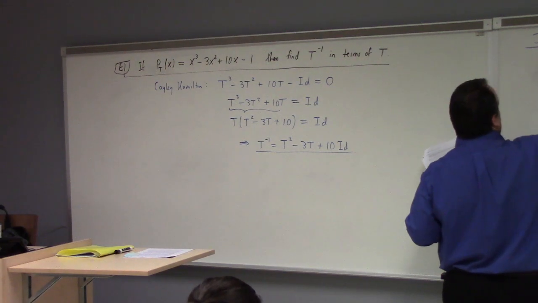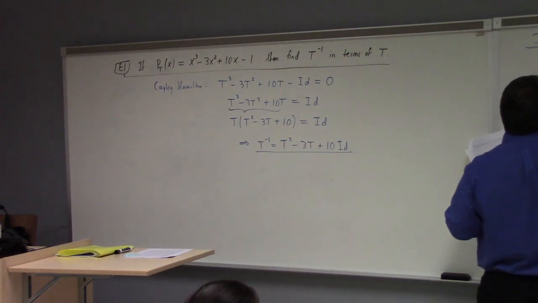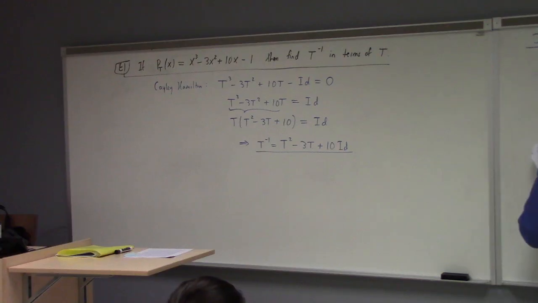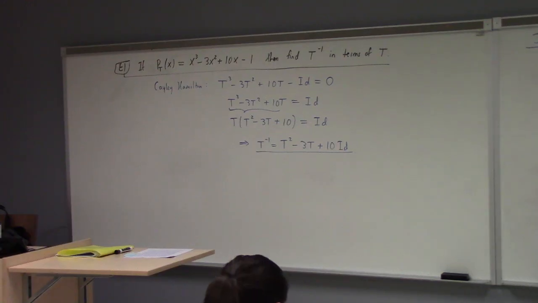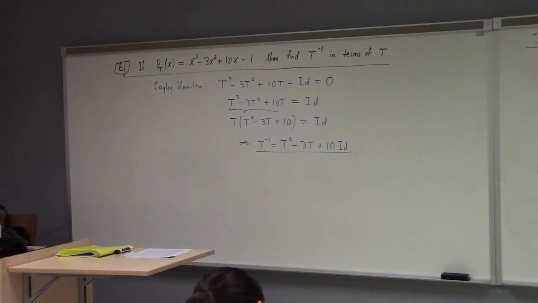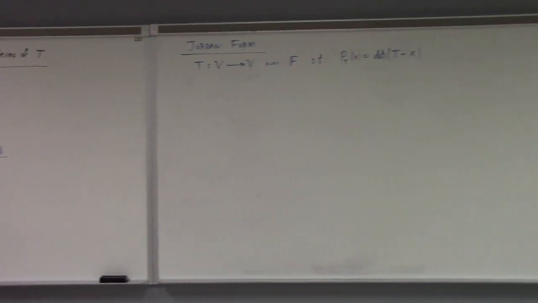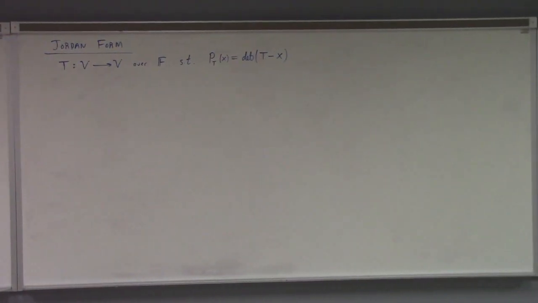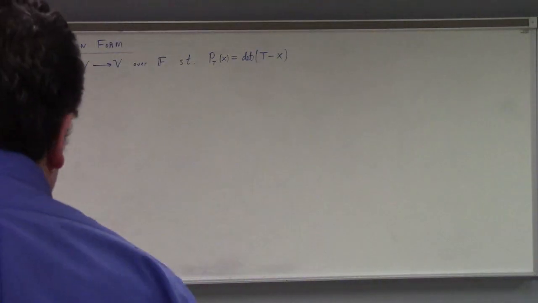So we're going to consider T, a mapping from V to V over a field F, such that the characteristic polynomial of T, in X, which I guess I could write as the determinant of T minus X, is my characteristic polynomial, and I want to assume that it splits over the field. And by that I mean that it completely factors.